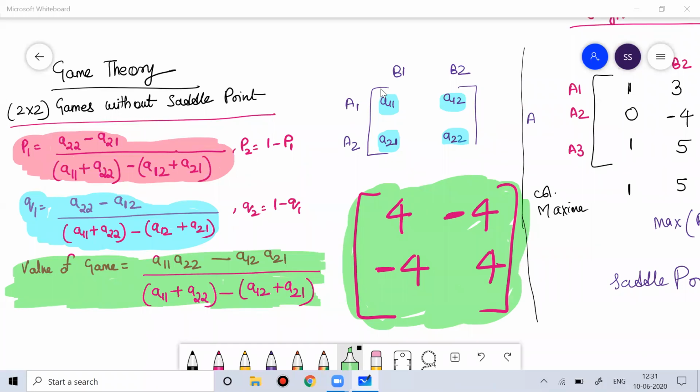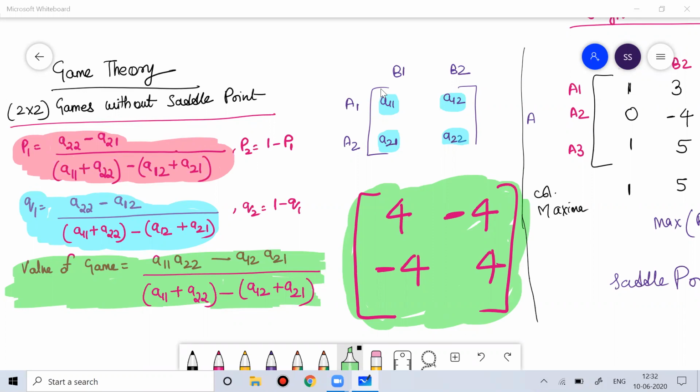Anyone? What is the answer for this problem? No one got the answer?